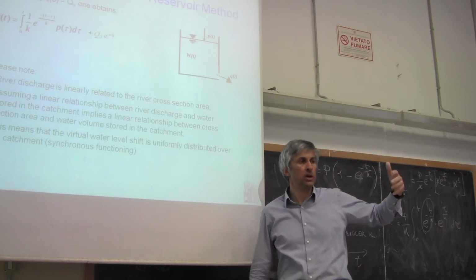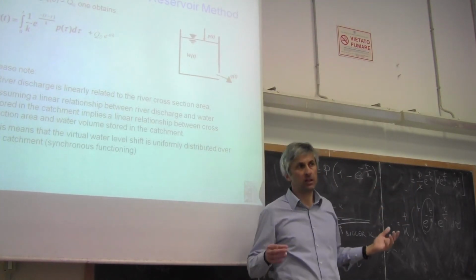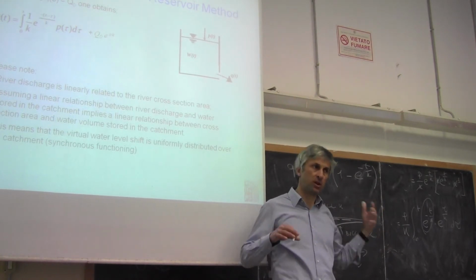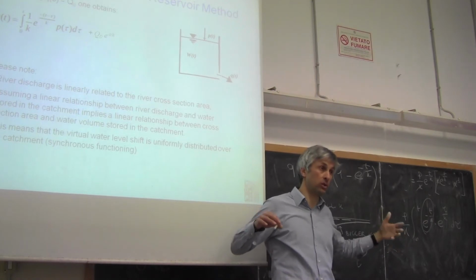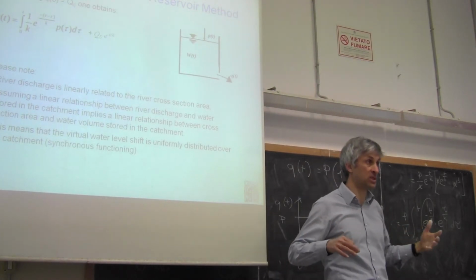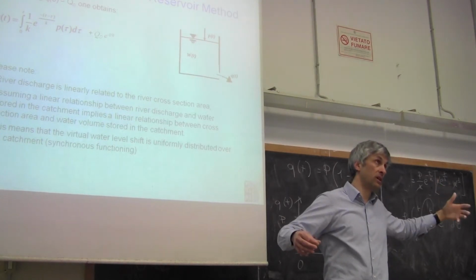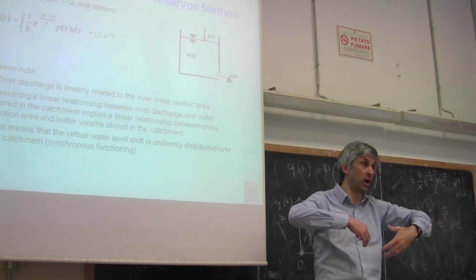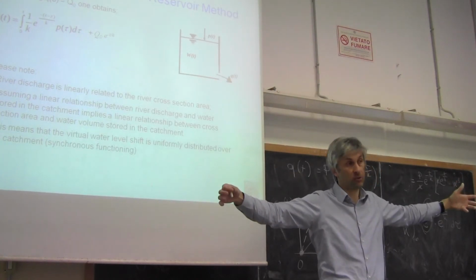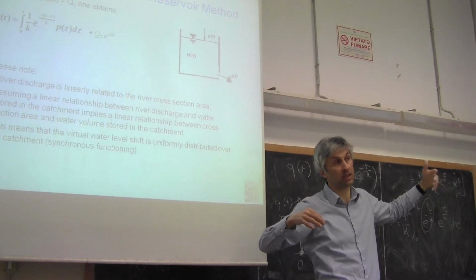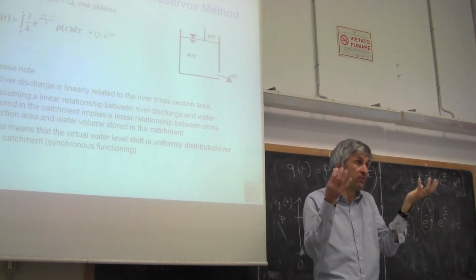If I asked you what could be a good guess for K for the Po River, you would understand that probably you need a large value of K, because I told you that a large value of K means a large storage. You think of the Po River, and you realize that such a large basin must have a large storage, and therefore K is quite a high value.